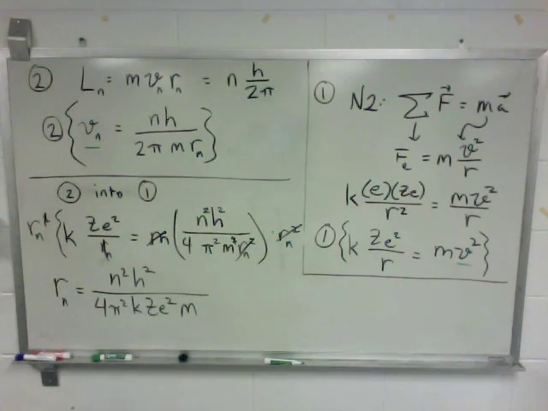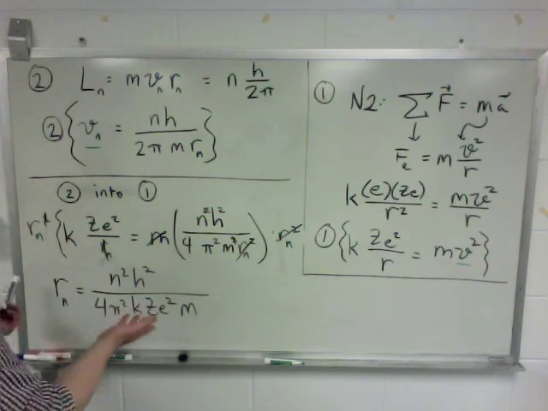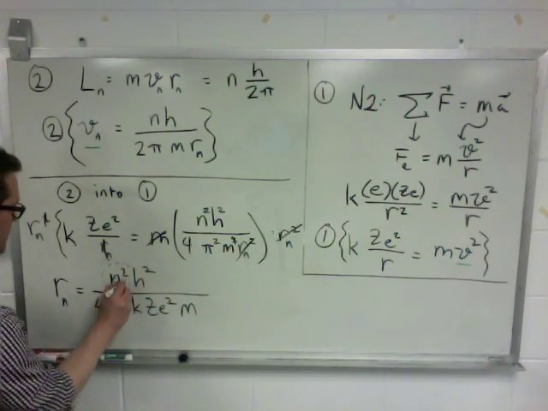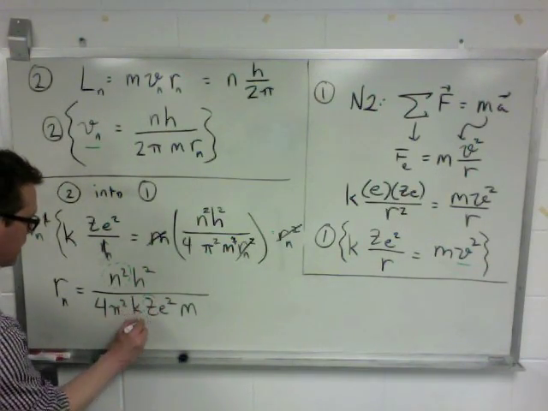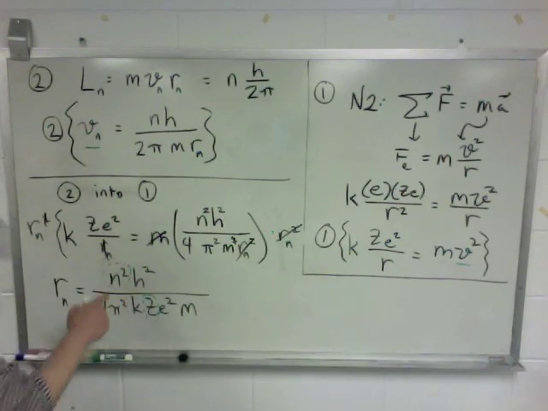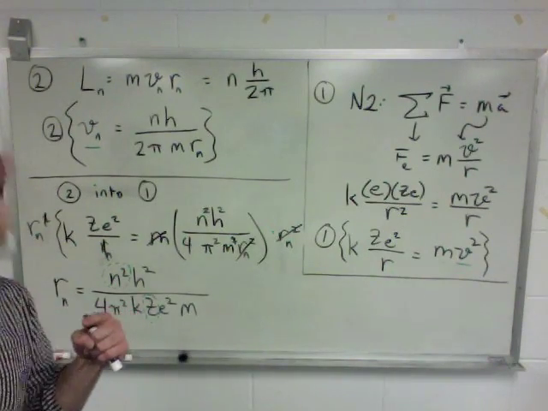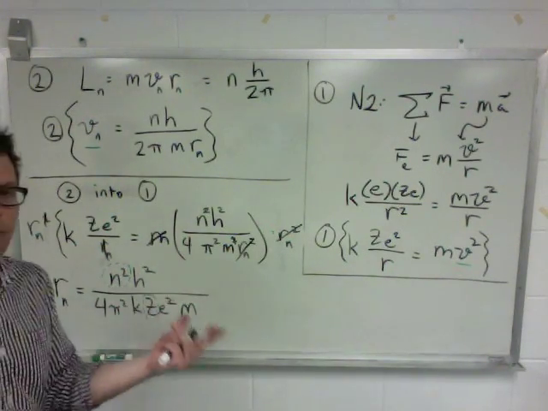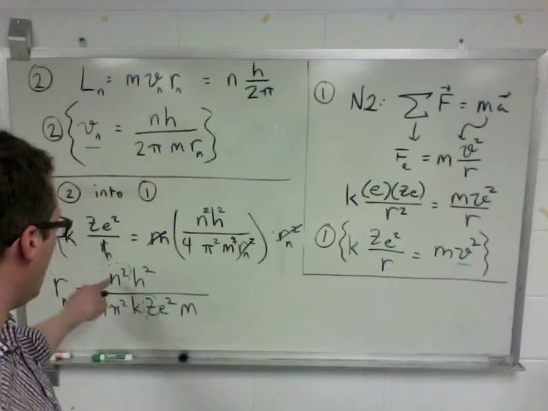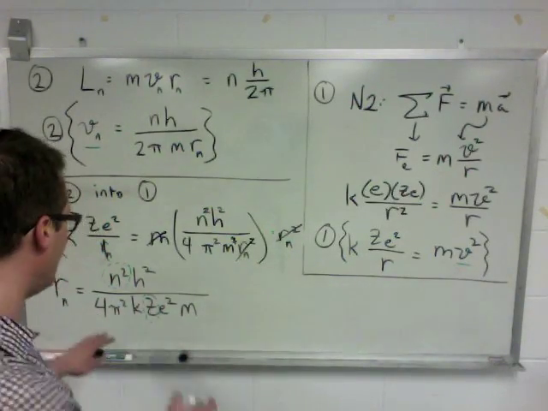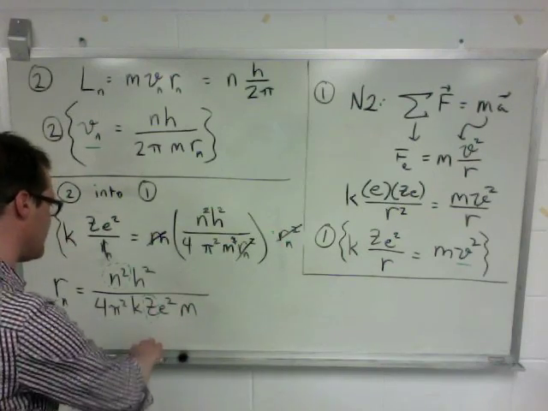Now, this looks like a little bit of a mess. I'm not sure what to make of that, but I would argue that the most important stuff in this equation are the n squared and the z. Why is that the most important stuff? Because the n is my energy level, and the z is the number of protons in my nucleus. These are the only two things that are going to change from situation to situation. All the rest of this stuff is just constants.